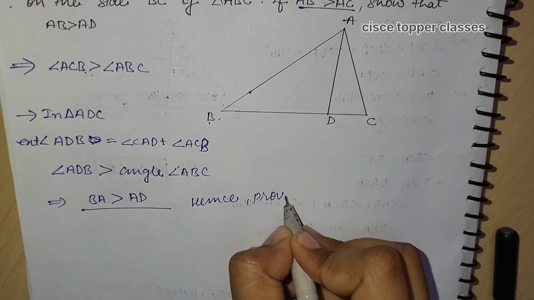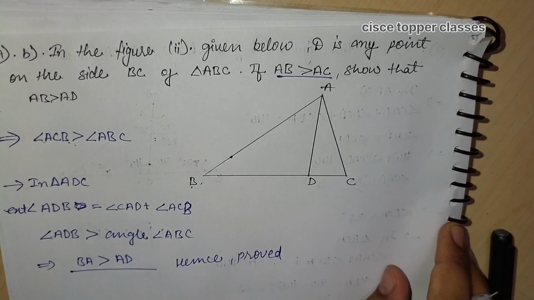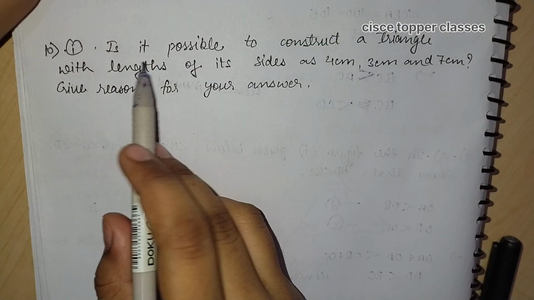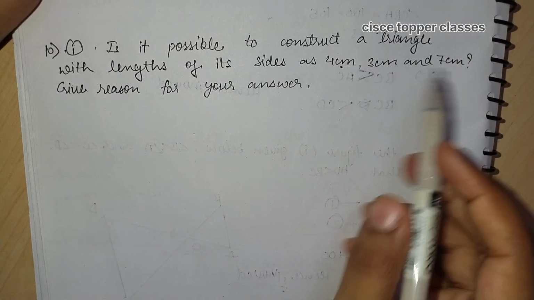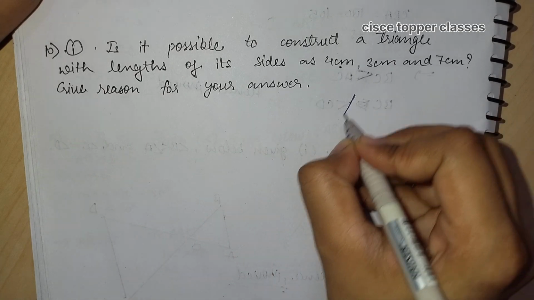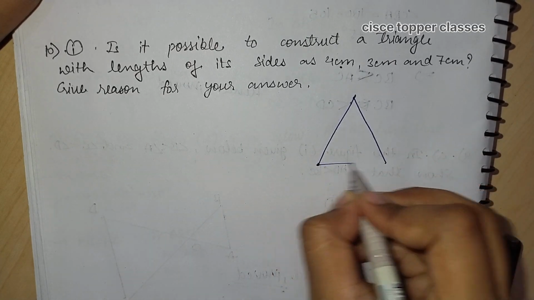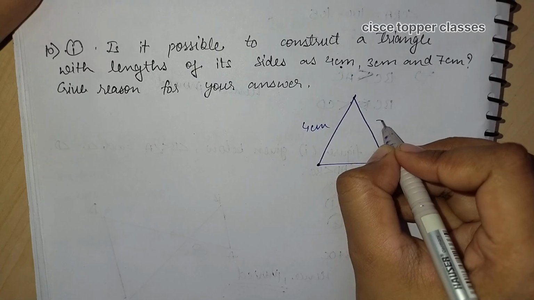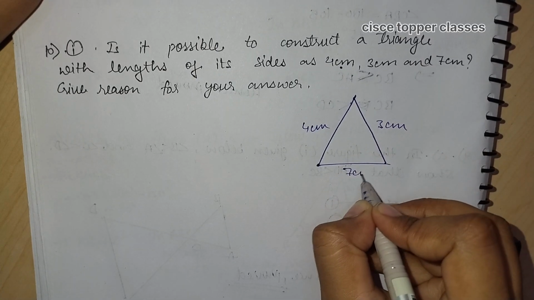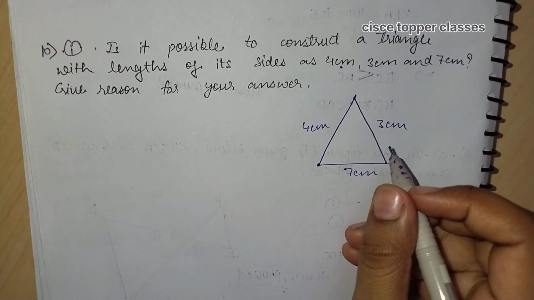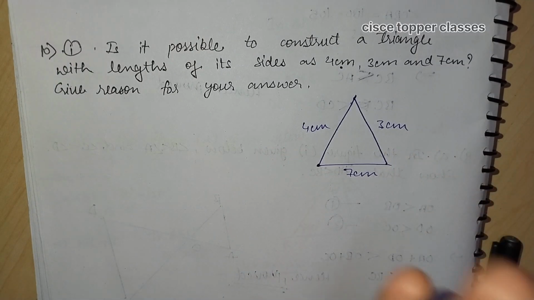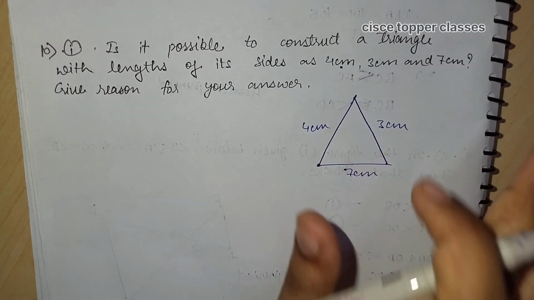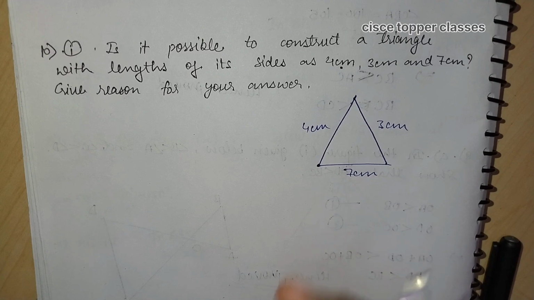So this is the solution of the ninth second part in this question. In the 10th first part we have: is it possible to construct a triangle with sides of length 4, 3 and 7? Give reason for your answer. So here we have 4 centimeter, 3 centimeter and 7 centimeter. According to the rule, the sum of two sides should be greater than the third side.